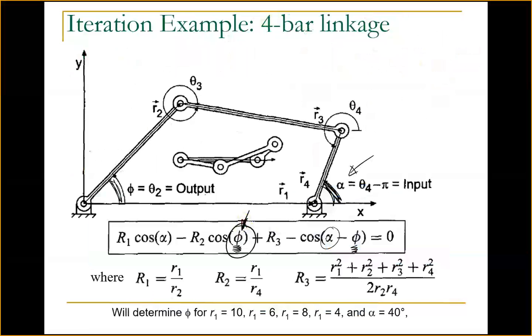So I would simply write it like this: R2 cosine phi is equal to R1 cosine alpha plus R3 minus cosine alpha plus phi. Everybody see that?